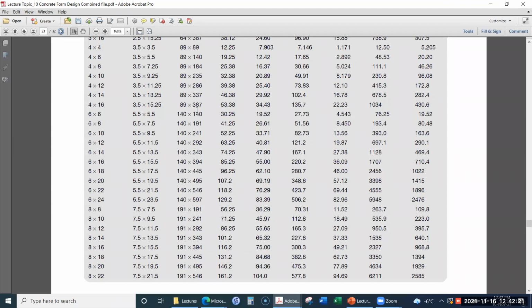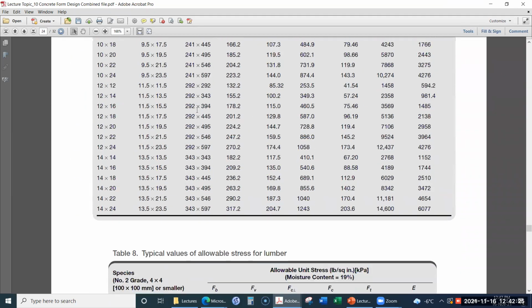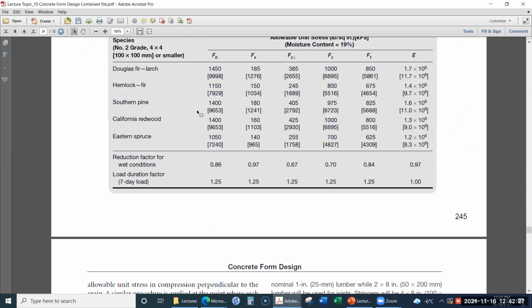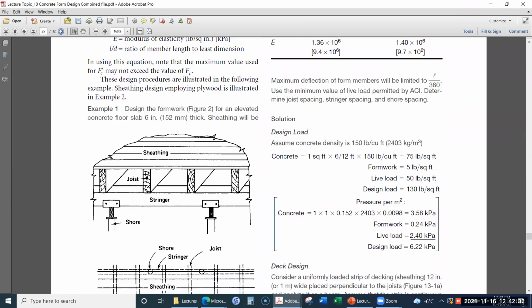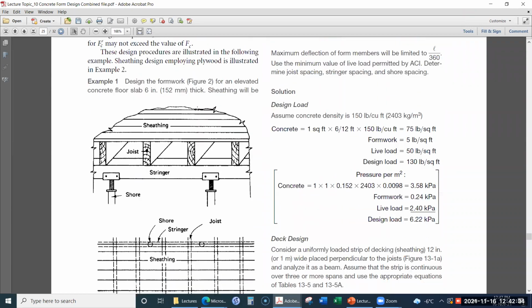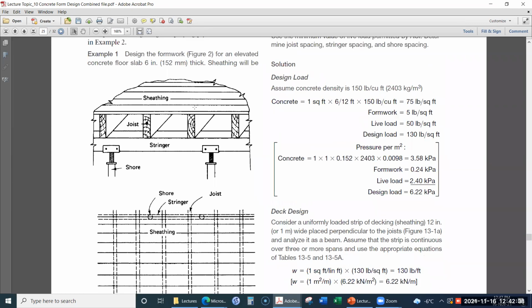As you can see, a lot of tables and data have been given, which will be used in those analyses. So this is example one, and I will look at this example.